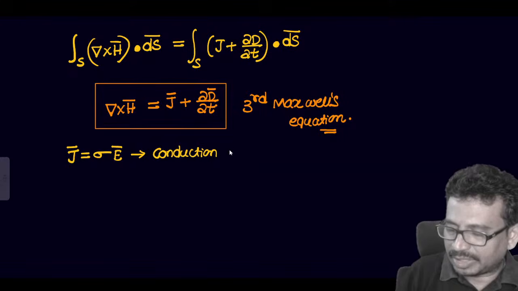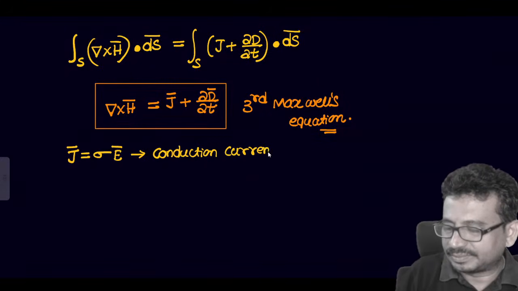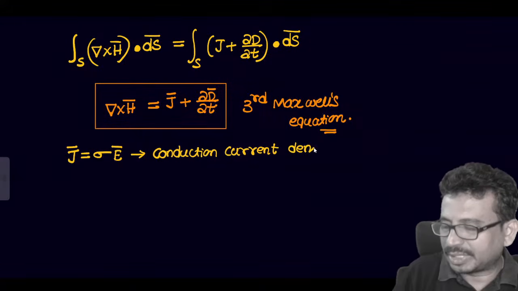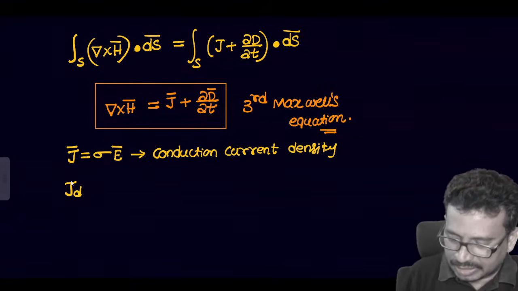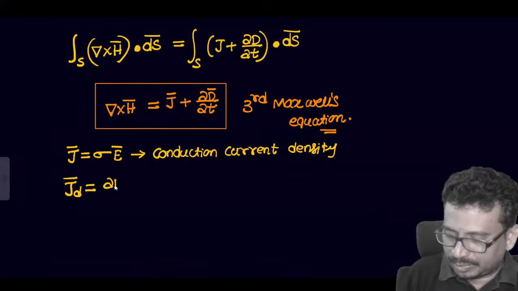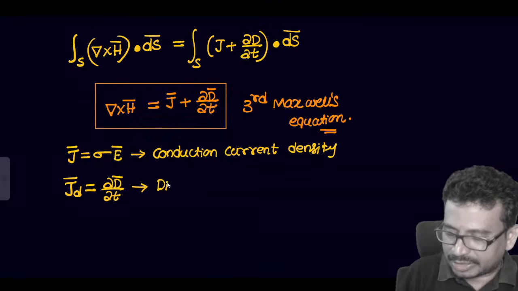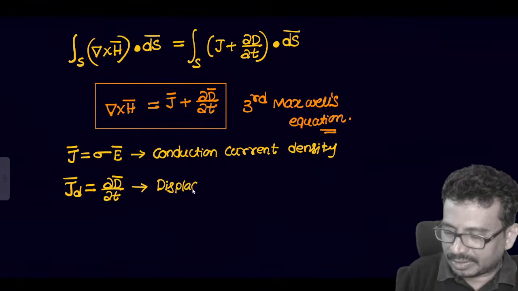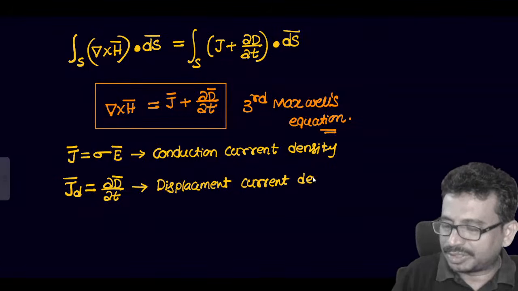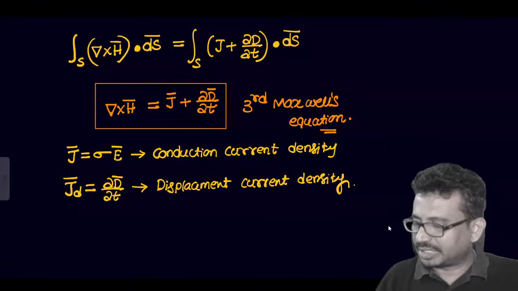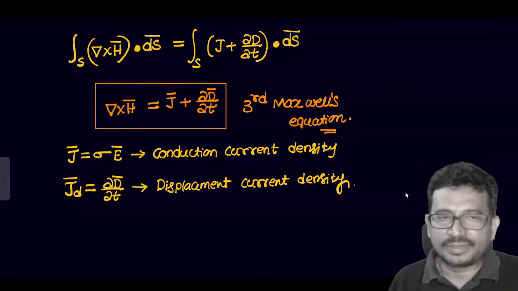The second term, JD equal to dou D by dou t, is called the displacement current density.